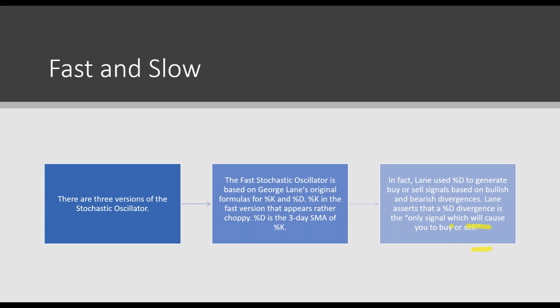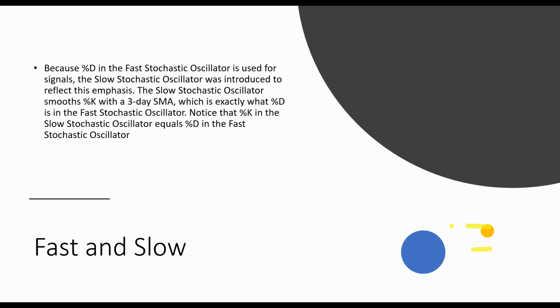The percent K in the faster version appears rather choppy, while the percent D is the 3-period SMA of the K. In fact, Lane used the percent D to generate buy and sell signals based on bullish and bearish divergence. Lane asserts that a percent D divergence is the only signal that would cause you to buy or sell.